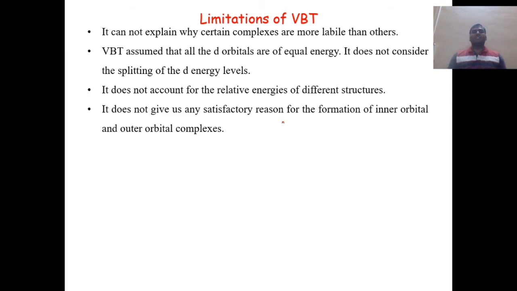It does not give us any satisfactory reason for the formation of inner orbital and outer orbital complexes. Why in some complexes sp3d2 hybridization takes place, or why in some complexes d2sp3 hybridization takes place, is not explained by valence bond theory. Again, why tetrahedral complexes are formed, why square planar complexes are formed, or why inner or outer orbital complexes are formed is also not explained.